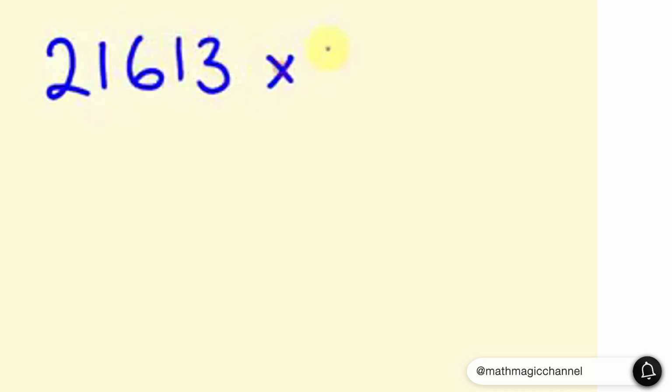We'll write this one down. What about, for instance, 21,613, and we times that by 5. Just going to make sure we get some numbers where we are going to have to carry and pre-carry things across. So first off, going from left to right, 2 times 5 is 10.